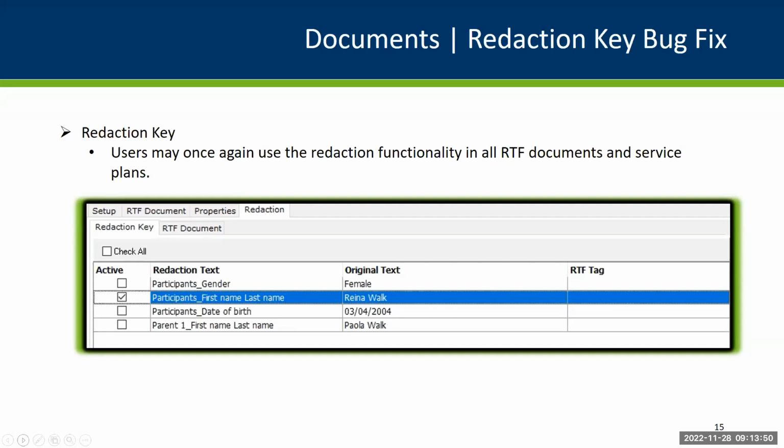And this was another bug fix that affected all RTF documents and service plans. And the bug prevented you from using the redaction key. So SSIS wouldn't generate that redaction key. But now you can use the redaction functionality again as designed for all RTF documents and service plans.